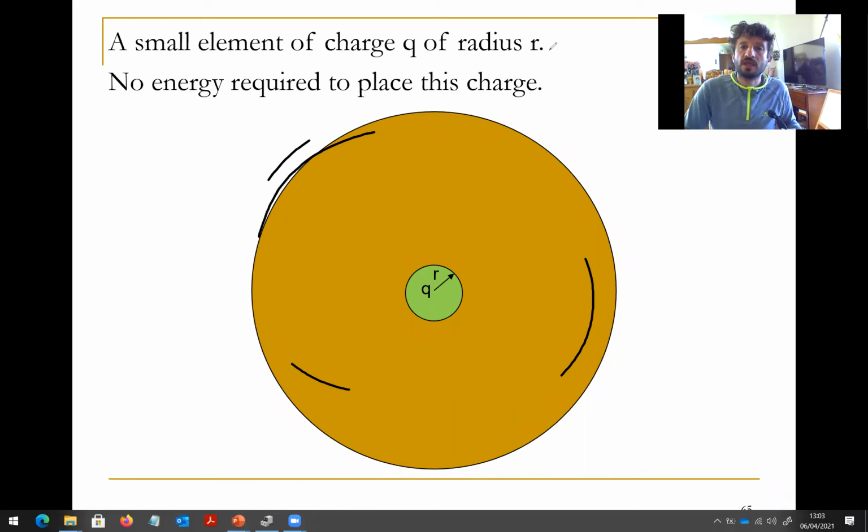Here we have the final shape of the nucleus, but inside we have only one positive charge Q with a radius R. It's a spherical object. So no energy is required to place this charge.